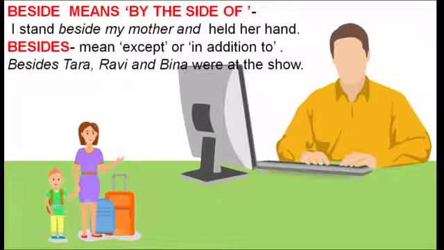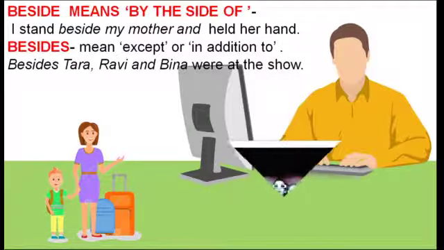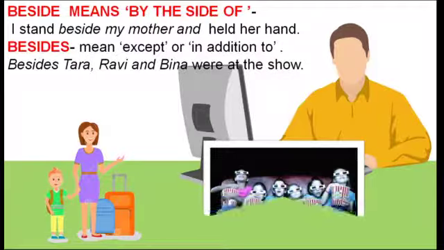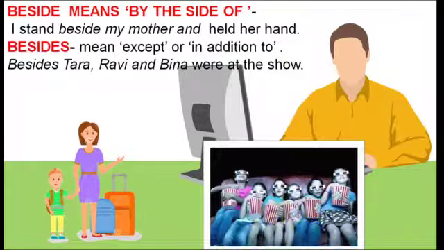In the spelling of besides, we have something in addition or extra, so besides means something additional. Let us see the example: Besides Tara, Ravi and Beena were at the show. It means not only Tara was there, Ravi and Beena were also at the show.